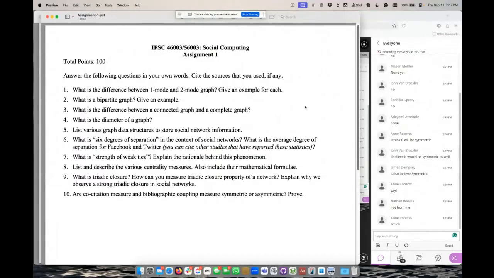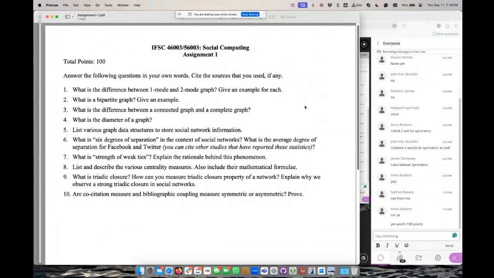So this is released, and yes, 100 points, absolutely. But again, this assignment is entirely based on the last lecture and today. The things that we have discussed in the last two lectures are contained in this assignment, right?